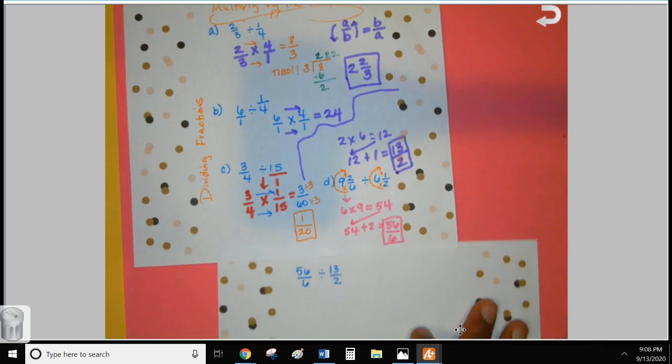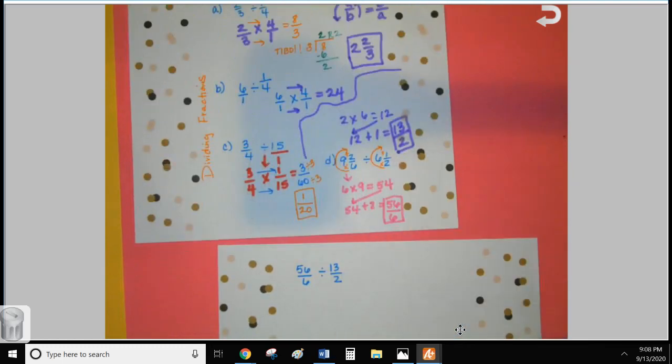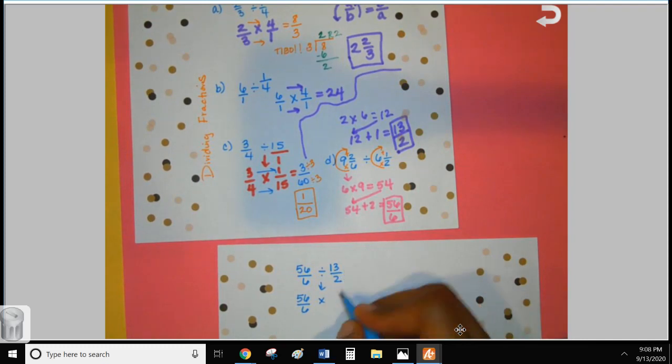And then I want to multiply by the reciprocal. So that means 56/6 will stay the same. My division will turn into multiplication, and I will get the reciprocal of 13 halves, which is 2/13. Okay? Then you would multiply straight across as normal.